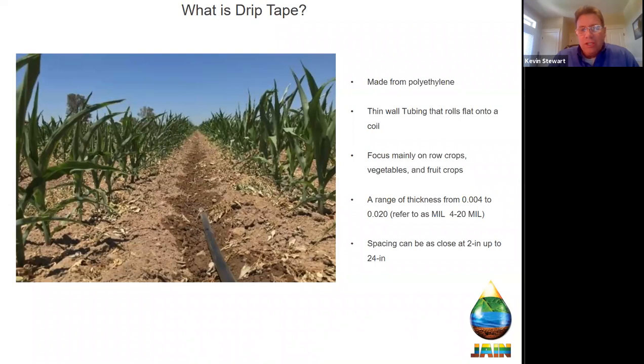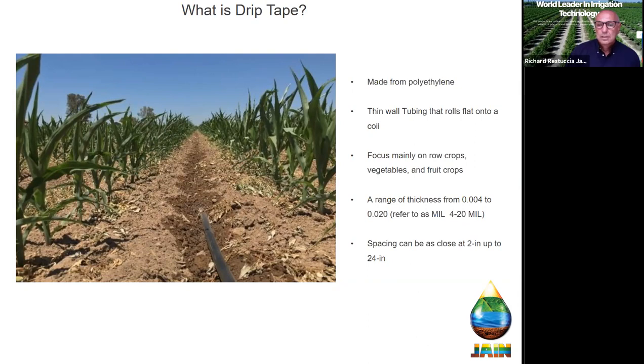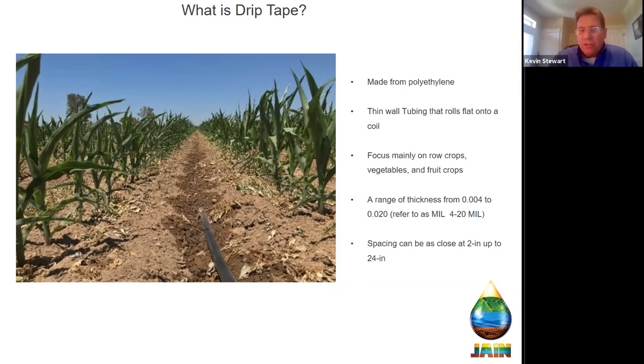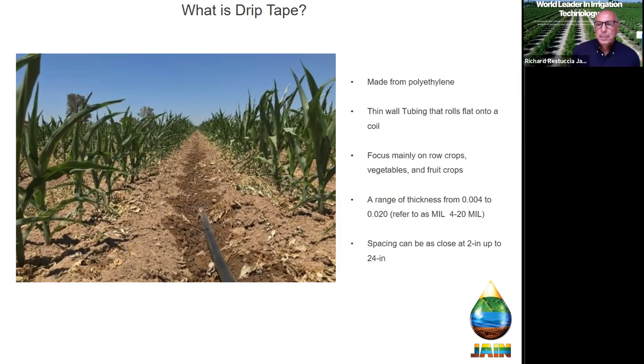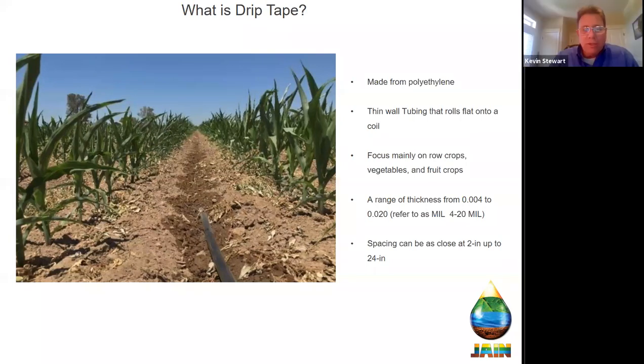It ranges in mil thickness from 4 thousandths of an inch thick up to 20 thousandths of an inch thick, or often we refer to it as mil. So between 4 and 20 mil is the range that Jain manufactures. It really is focused on high value crops, vegetables, fruits, but it's not limited to just that.